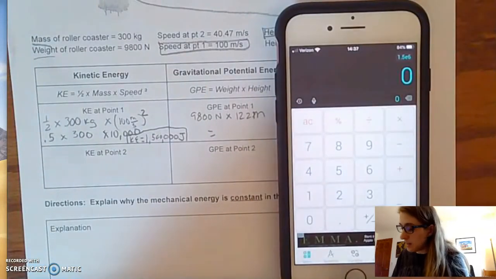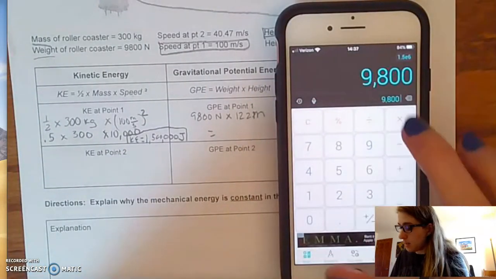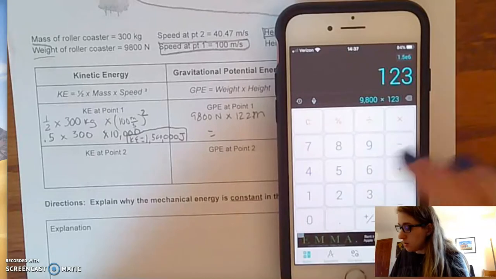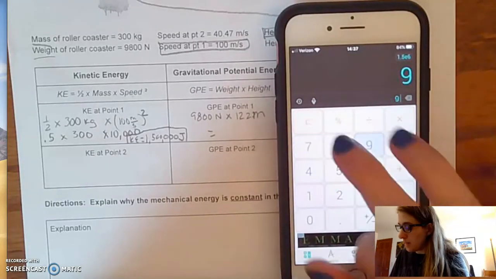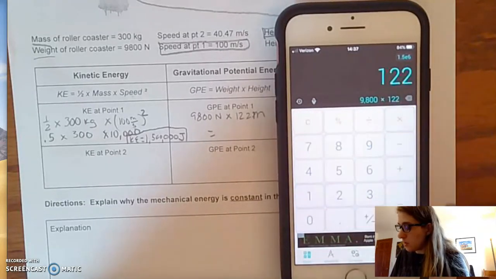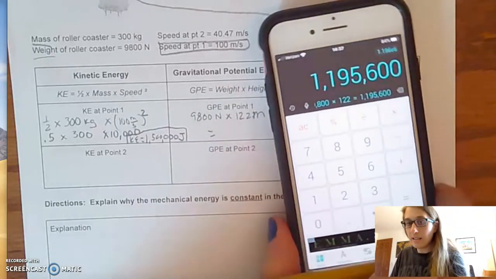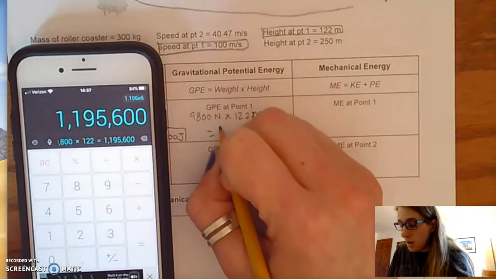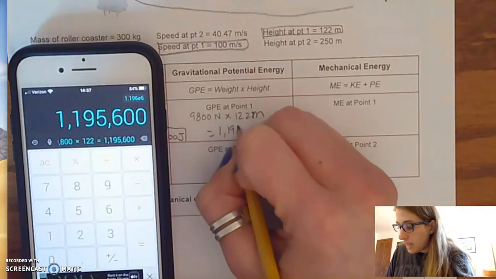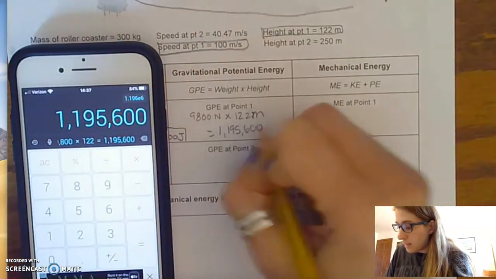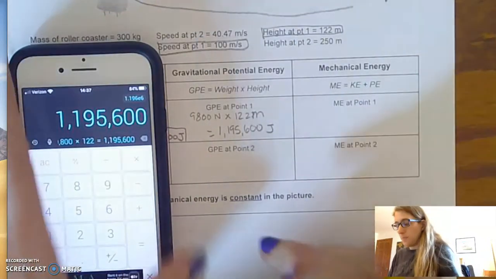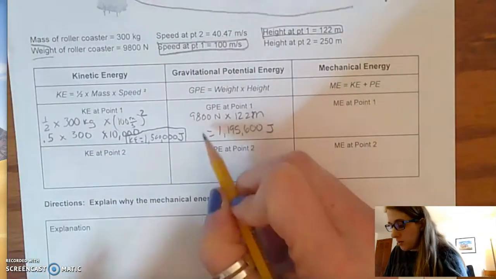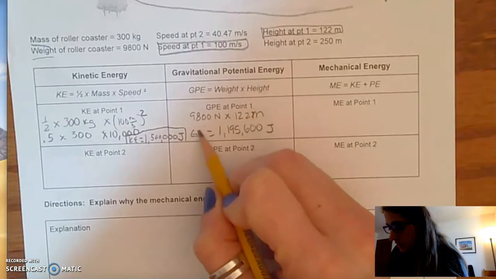That's pretty nice. So I take 9,800 times 122, and I get gravitational potential energy at point 1 of 1,195,600 joules.